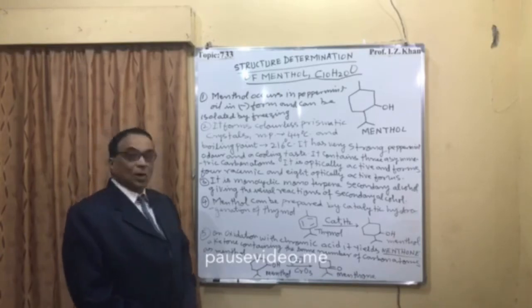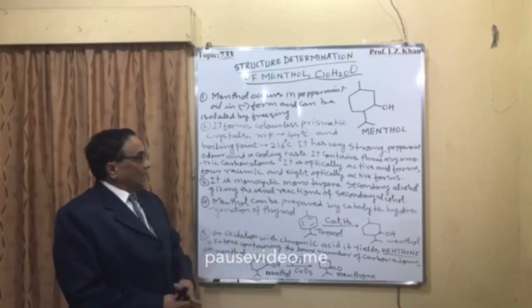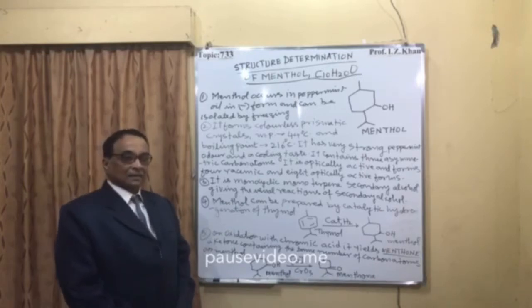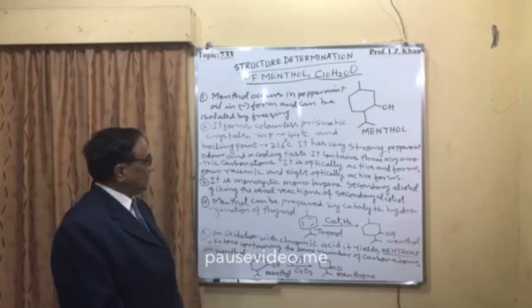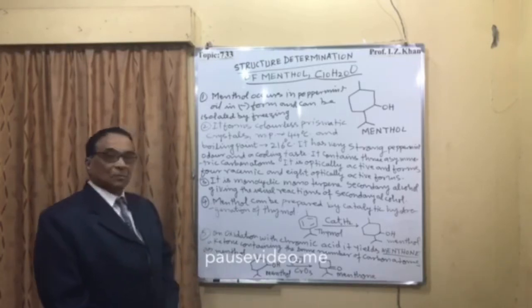It has a very strong peppermint odor and a cooling taste. It contains 3 asymmetric carbon atoms, and in this way we can get 4 racemic forms and 8 optically active forms.